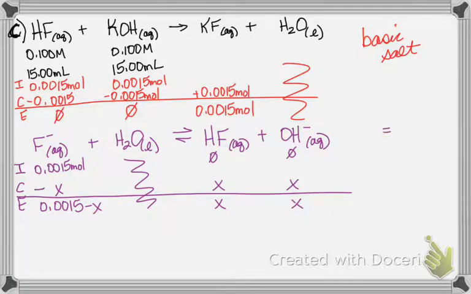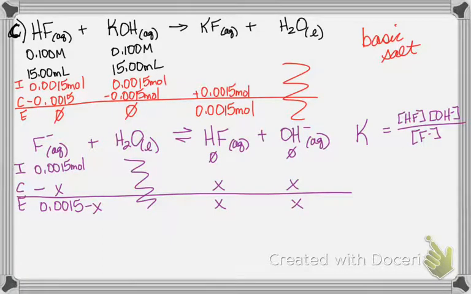And this is an equilibrium reaction. So if we write an equilibrium constant expression, K, it is equal to products over reactants raised to the power of the coefficient.